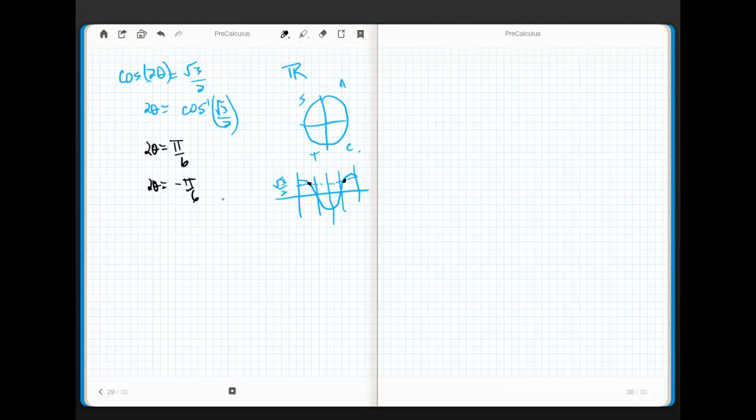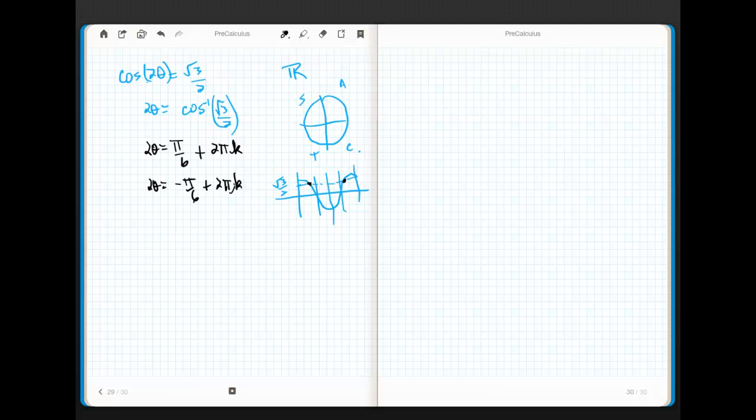See that? Now, let's be real careful here. We got to be really, really careful, because I know that 2 theta is actually going to equal, remember, the inverse cos of root 3 halves is going to be pi 6, but that's going to happen every 2 pi k. It's also going to happen at negative pi 6 plus 2 pi k.